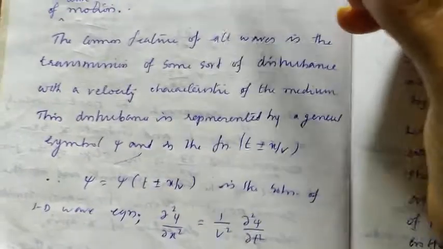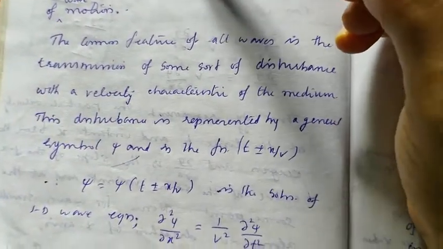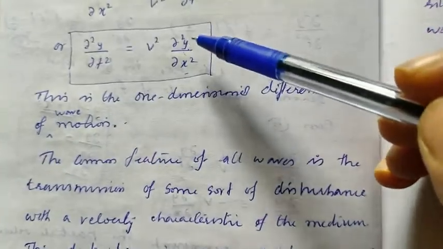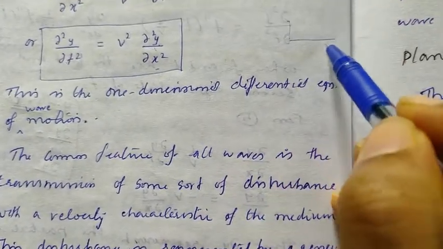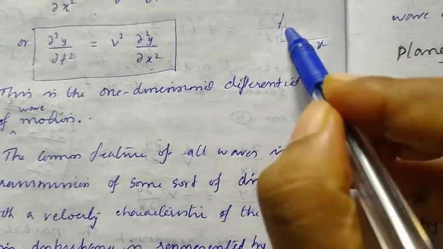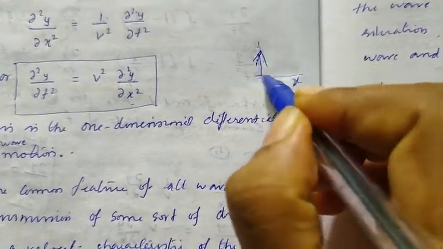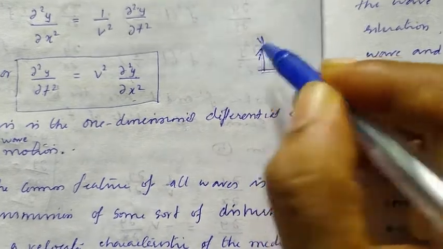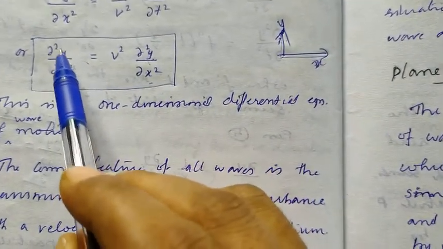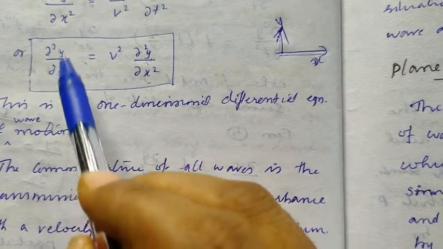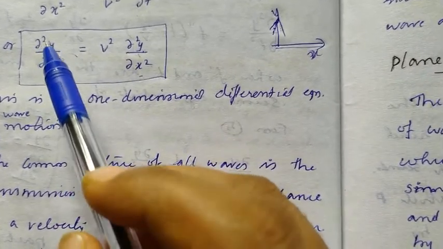That means the displacement can be represented. Here we have taken the wave propagating along the x direction, and the y direction represents the displacement direction. So we have taken this equation in the form of ∂²y/∂t².